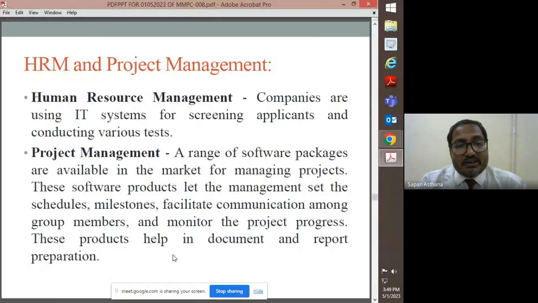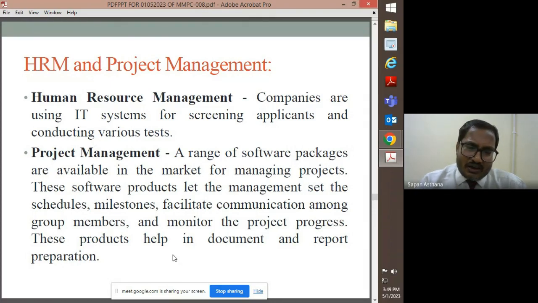HRM and project management are very closely related. Information technology is used in human resource management and project management. Take the example of when you enter your organization, you put punch, biometric. That is also one very relevant example of information technology.